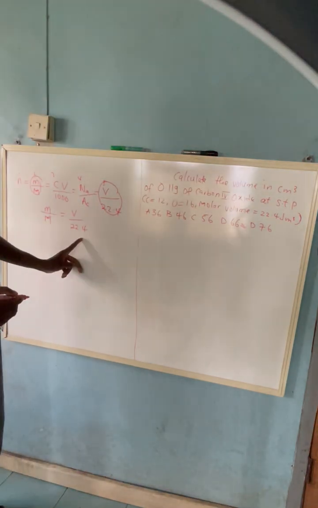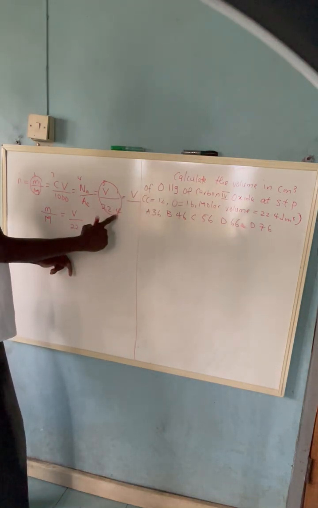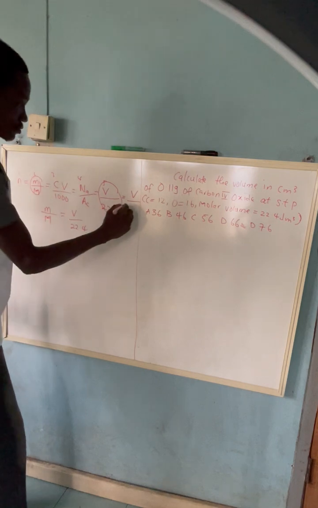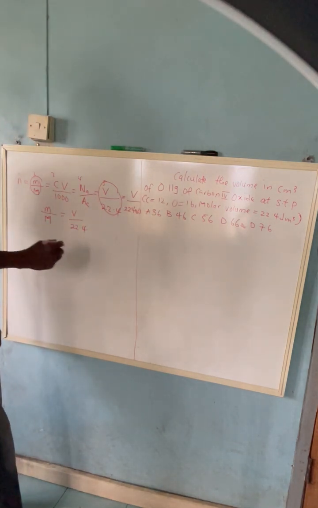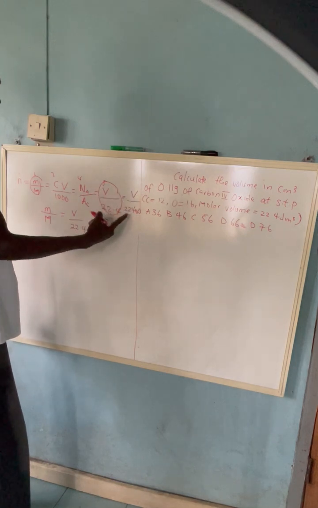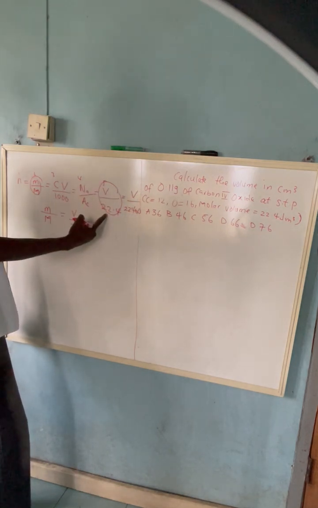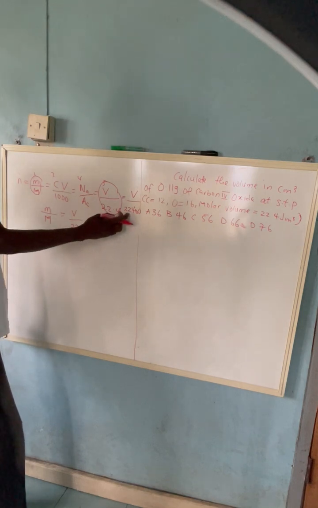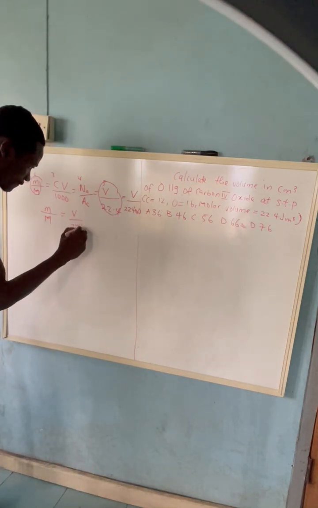So we can modify the equation by saying it's also equal to V over, instead of using 22.4, we can times this by 1000, we have 22400 cm cube. So when the volume is in cm cube, you are advised to use this value. If the volume is in dm cube, you are advised to use 22.4. So let's go with 22400, that will be our value.